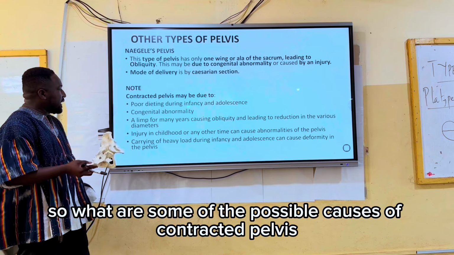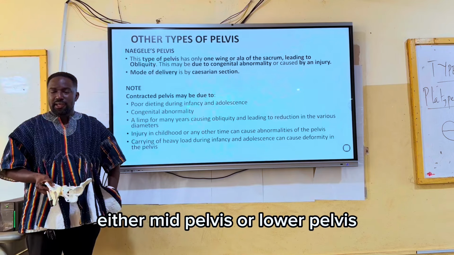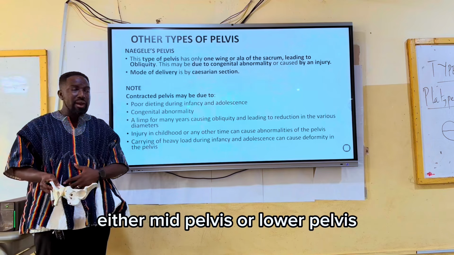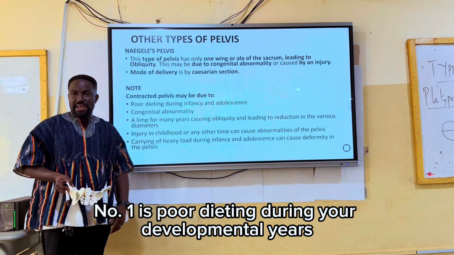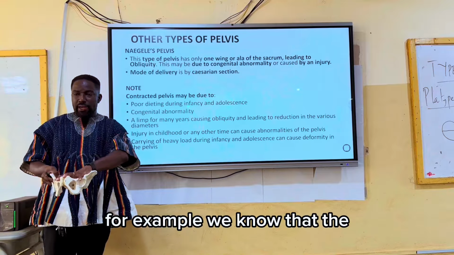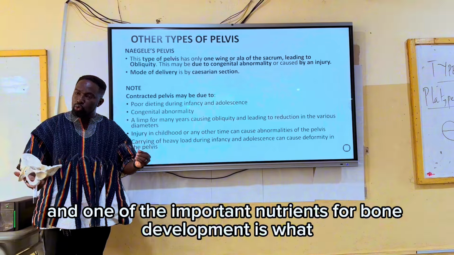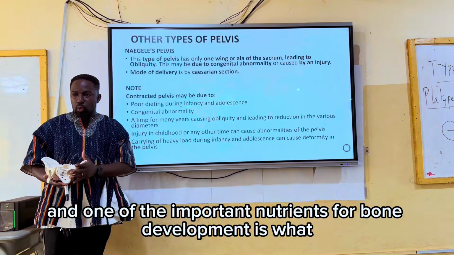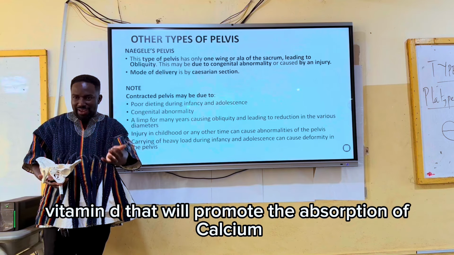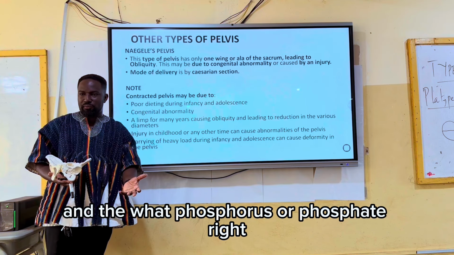So what are some of the possible causes of contracted pelvis, either Nigelis or Robert pelvis? Number one is poor dieting during your developmental years. For example, we know that the pelvis is made up of bones, right? And one of the important nutrients for bone development is calcium, vitamin D, that will promote the absorption of calcium, and then phosphate or phosphorus.